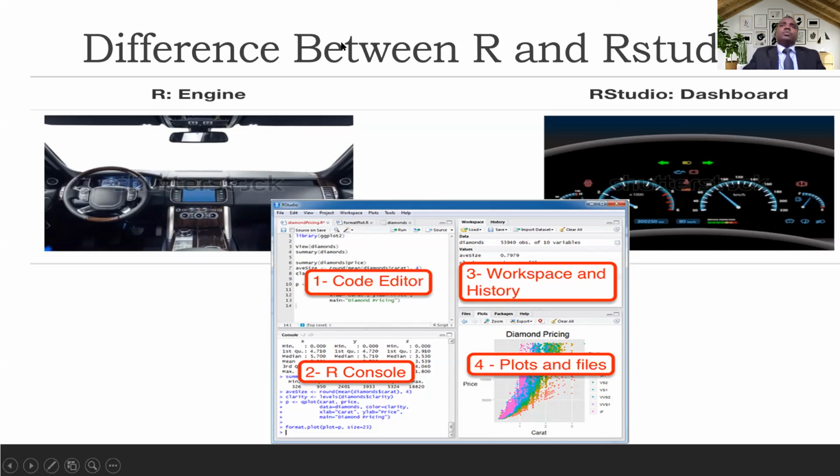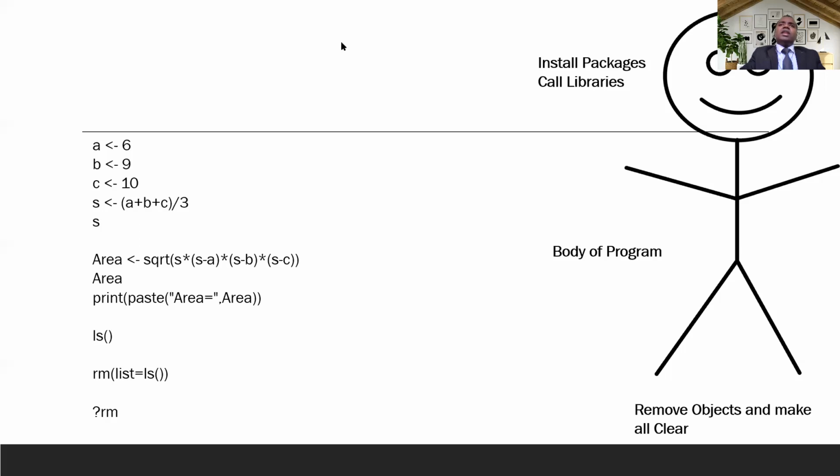So let's move to our final phase, writing our first code in R programming. While writing R programming, you should understand that it consists of three parts. First is installing packages or calling your libraries. Second is the body of the program.